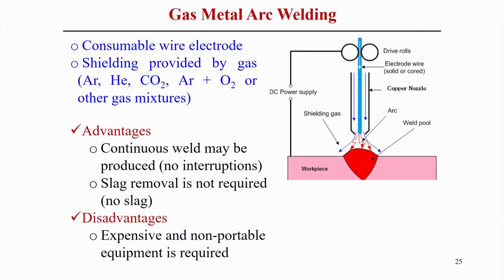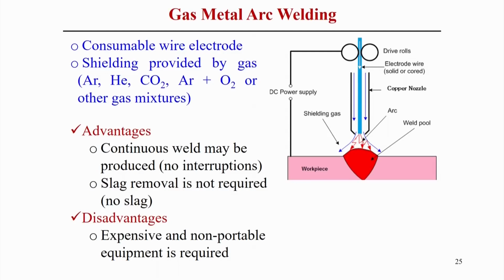That shielding gas protects the molten pool, and normally a copper nozzle is used here. The electrode wire is definitely a solid wire, and sometimes a coating may be applied over the solid wire.